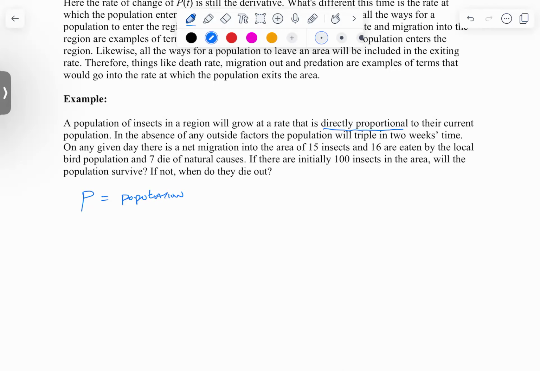What operation is that really? Multiplication, it's just multiplication. So we're identifying that the birth rate is some number times P. Since it's directly proportional to its population, call it R, W, whatever you want, K. So we got our proportionality.